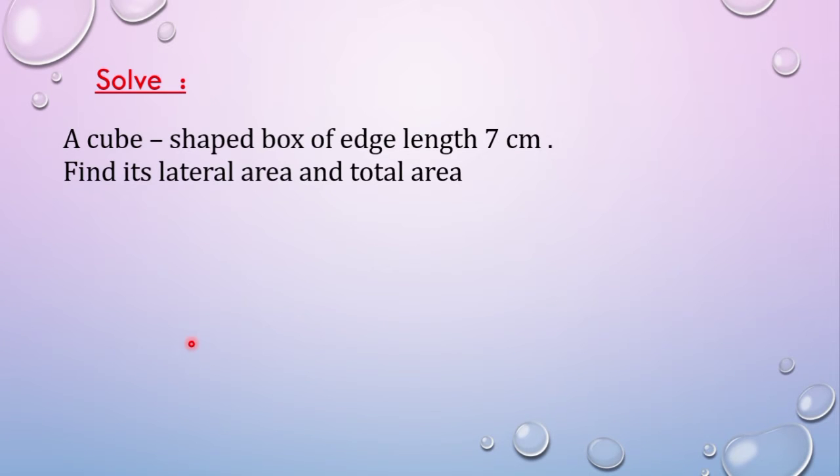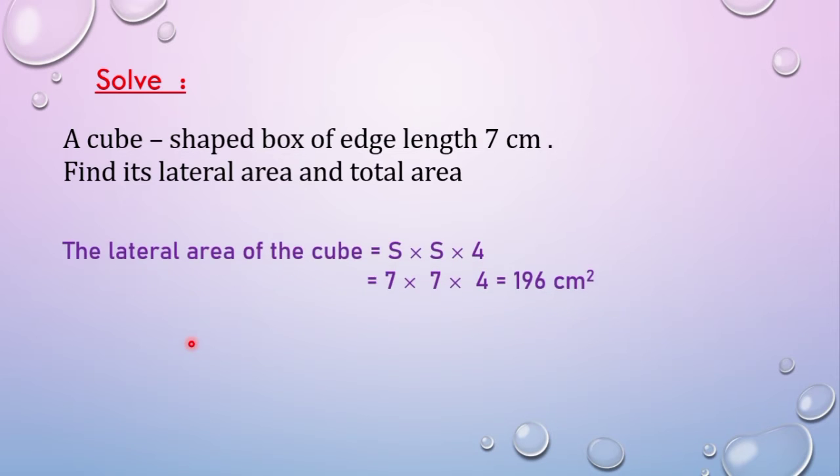Let's start the problems. A cube-shaped box is of edge length 7 cm. Find its lateral area and the total area. The face of the box is a square. So to get the lateral area of the cube, it means edge length times 4 or side times 4. I will use 7 times 7 times 4.